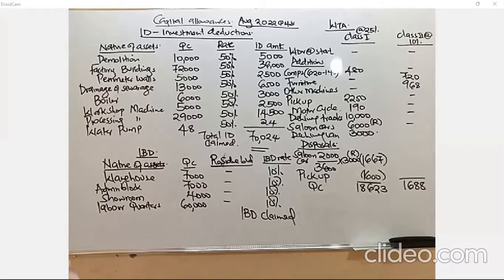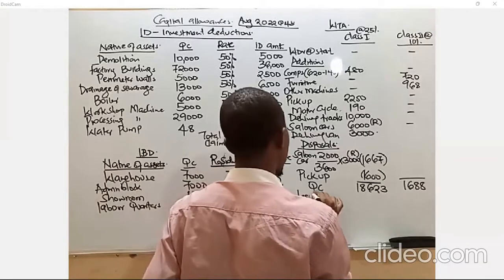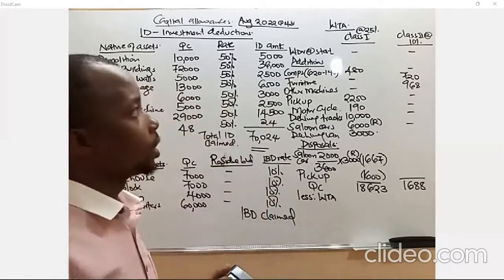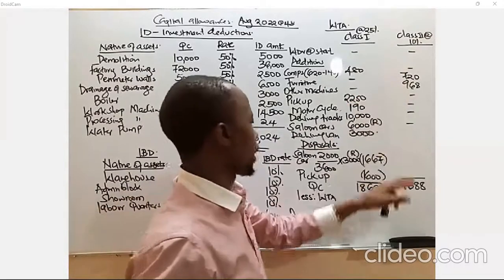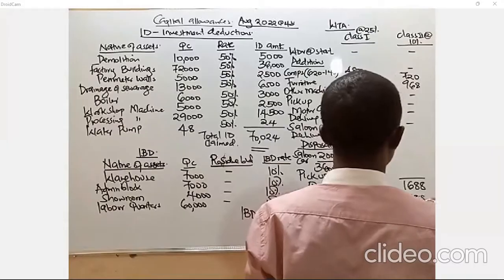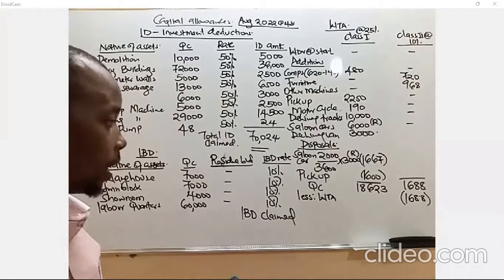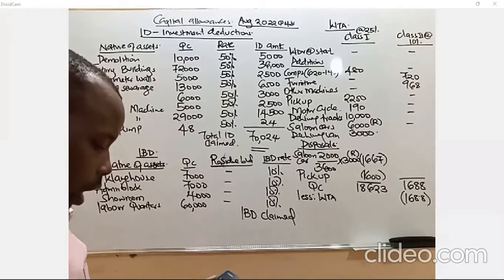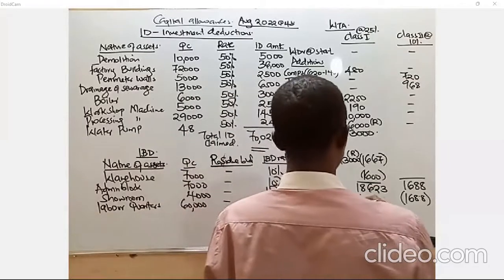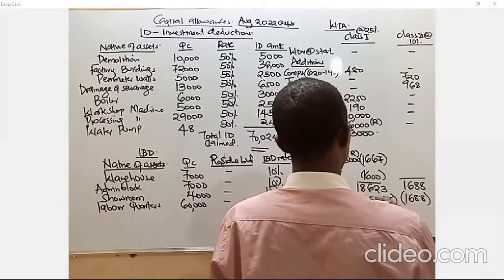Okay. So then we deduct our WTA. The WTA will be how much? You take the rates, you multiply by the qualifying cost. For example, this will be 168.8. Then the first one will be 18,623 times 0.25, getting 4655.75.